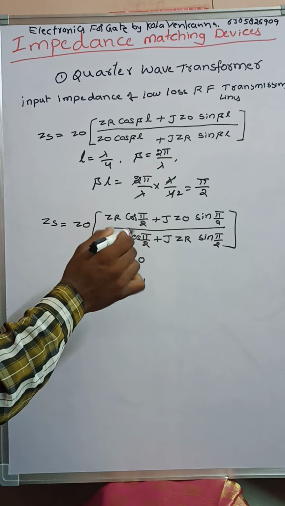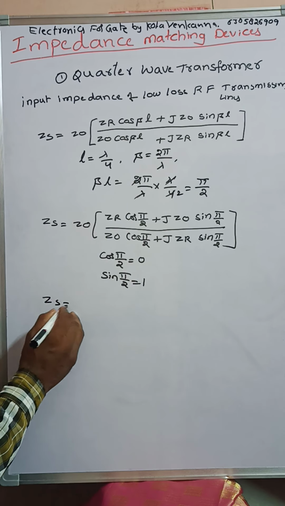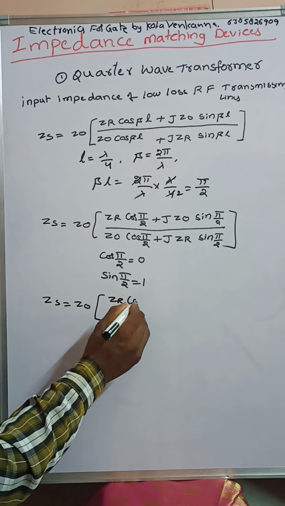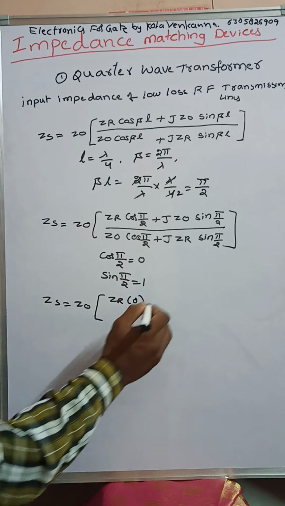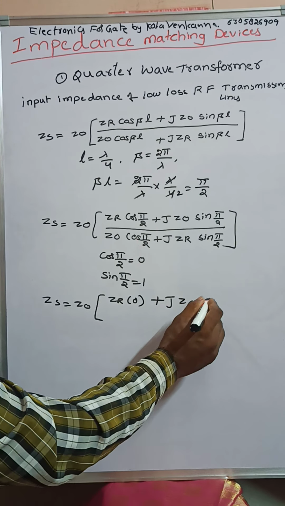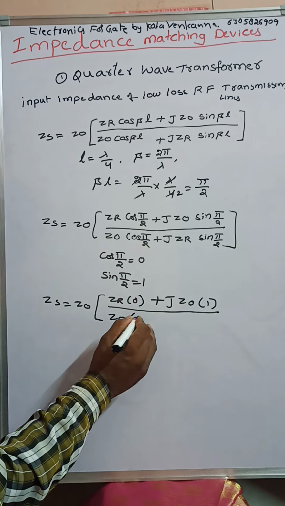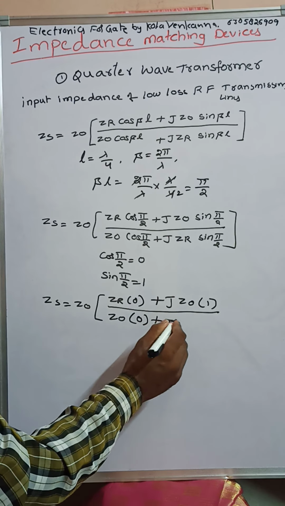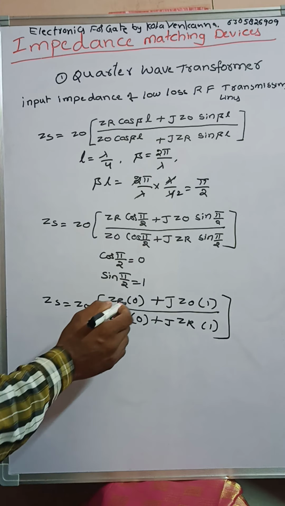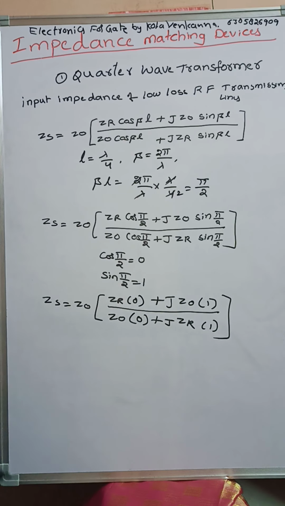By applying these values in this equation, Zs is equal to Z0 times Zr into 0, because cos pi by 2 is 0, plus j Z0 sin pi by 2 which is 1, divided by Z0 cos pi by 2 which is 0, plus j Zr sin pi by 2 which is 1. So 0 into Zr is 0 plus 1 into Z0.